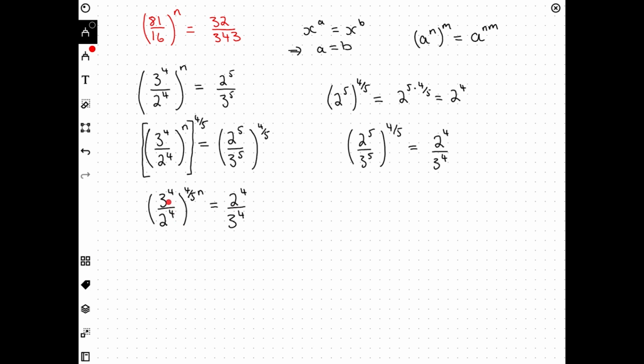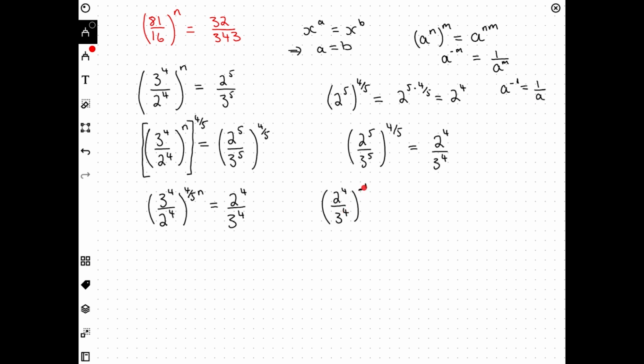What I'm noticing now is this is the reciprocal of this. The left-hand side is the reciprocal of the right-hand side, or vice versa, inside the bracket. 2 to the 4 over 3 to the 4 is the reciprocal of 3 to the 4 over 2 to the 4. So again, using my rules of powers, a to the minus m equals 1 over a to the m. In this case, we could say that a to the minus 1 equals 1 over a.